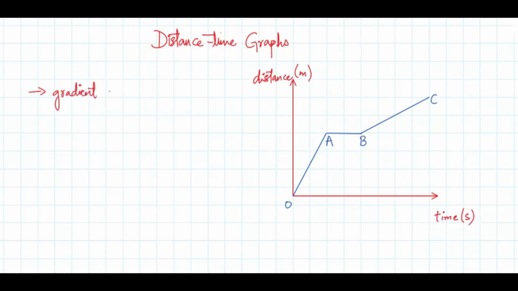Because for the gradient, we find the change in y over the change in x.